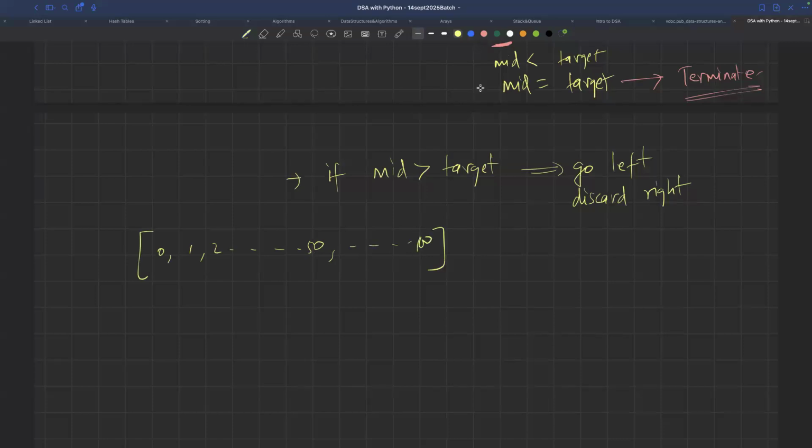Here was our left pointer, and here was our right pointer. If we have to go left, it means I will take this right pointer and move it here. And this area becomes my new question. This much is discarded.